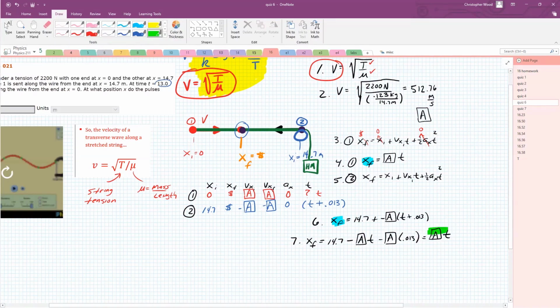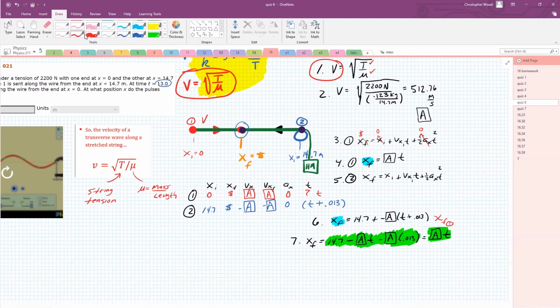This is XF for pulse number 1. And all of this right here is XF for pulse number 2, unless I made some mistakes.